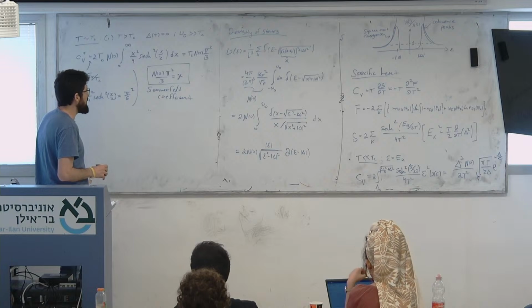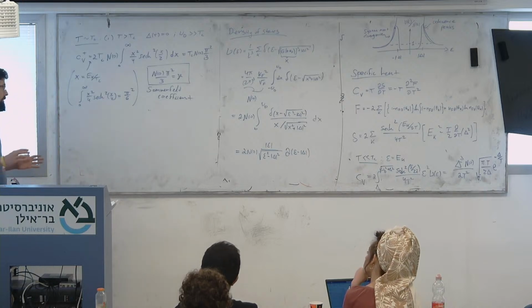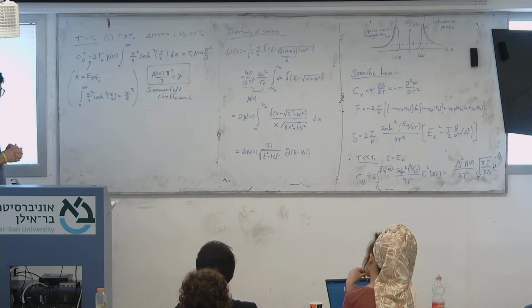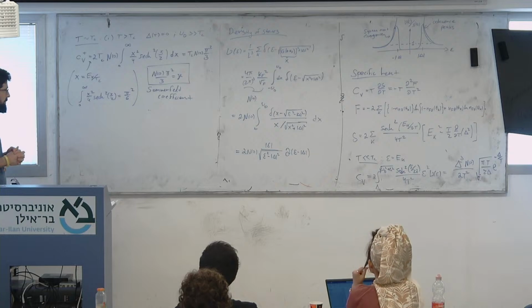But people measure a linear specific heat many times in all sorts of materials where it's not expected. So insulating materials in particular. And that's always very interesting, because then people speculate.